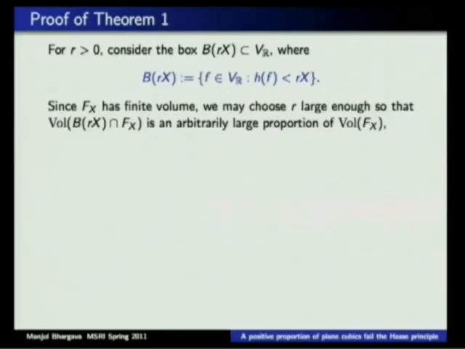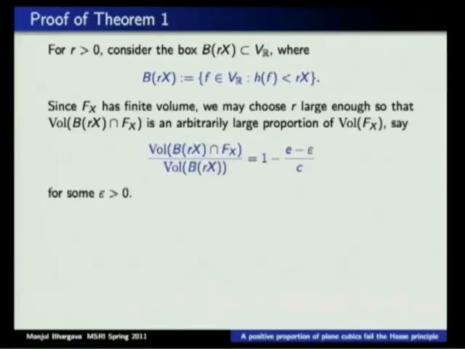Even though the fundamental domain is non-compact, it has finite volume, so you can cover it with a large enough compact thing to get an arbitrarily large proportion of the volume. So we're going to choose R large enough so that the volume of the intersection of the box with the fundamental domain is a large proportion of the total volume. And we'll make that proportion 1 minus e minus epsilon over c.